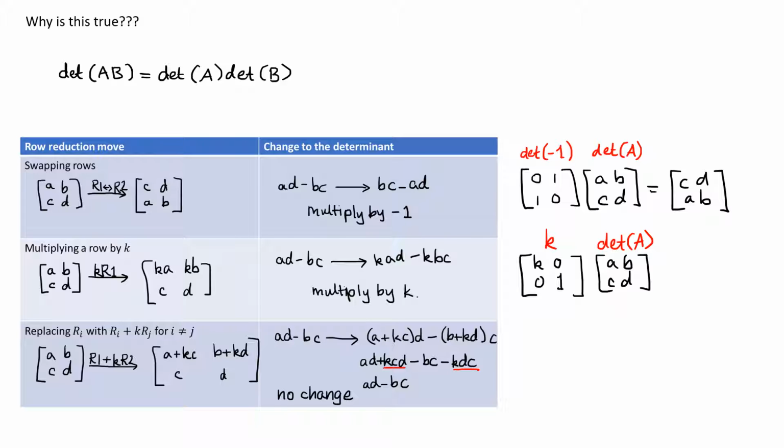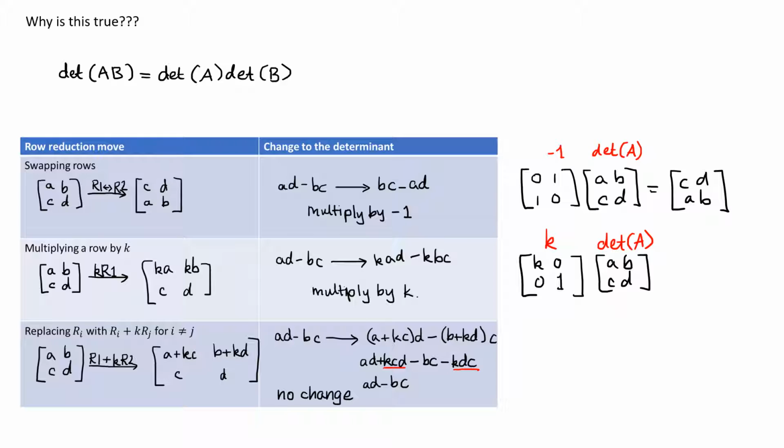And here above, I shouldn't have said determinant of negative 1. That doesn't make sense. I should have just said the determinant is negative 1. Okay, so this process means that we're going to multiply by k. And this sort of makes sense if we stretch in one direction by a factor of k. We expect that our volume is going to scale by that factor of k.